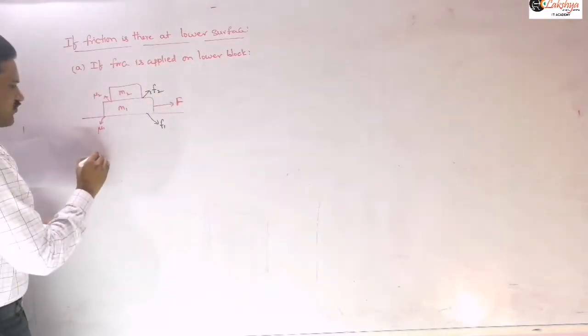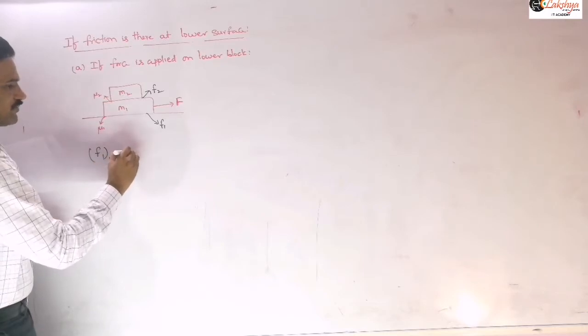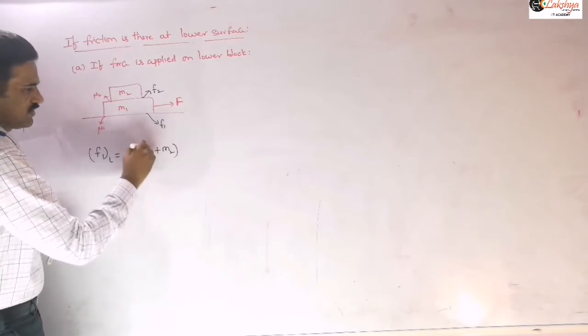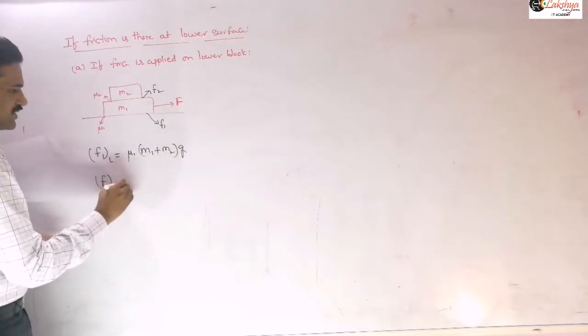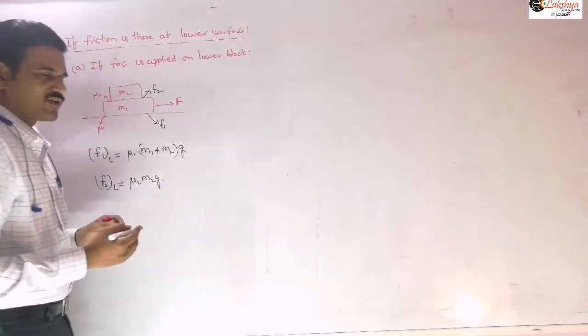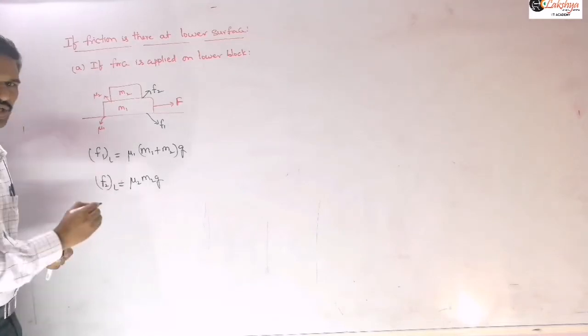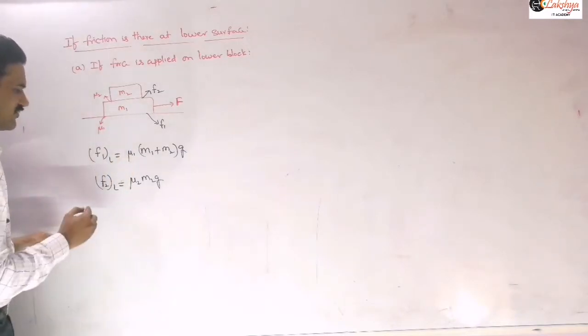Now F1 maximum, that is F1 limiting, is mu1 of M1 plus M2 into g, and F2 limiting is mu2 into M2 into g. So the system starts moving only when the applied force is greater than or equal to this limiting friction F1 limiting.